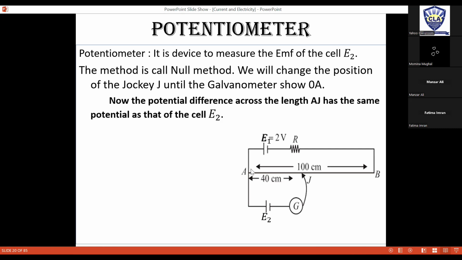Now, for this, we have to find the length AJ and find the value of EMF. If we have 2 volts, we have to find the voltage across AB. We can find it by using the simple formula V is equal to IR.